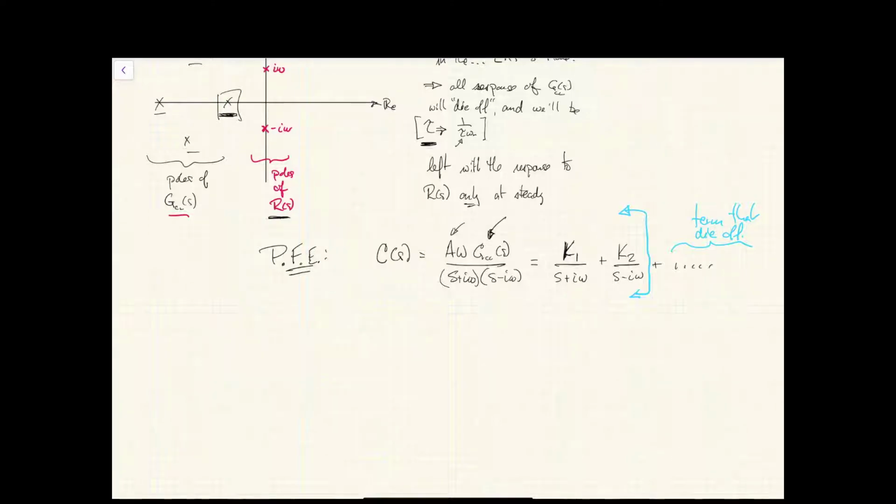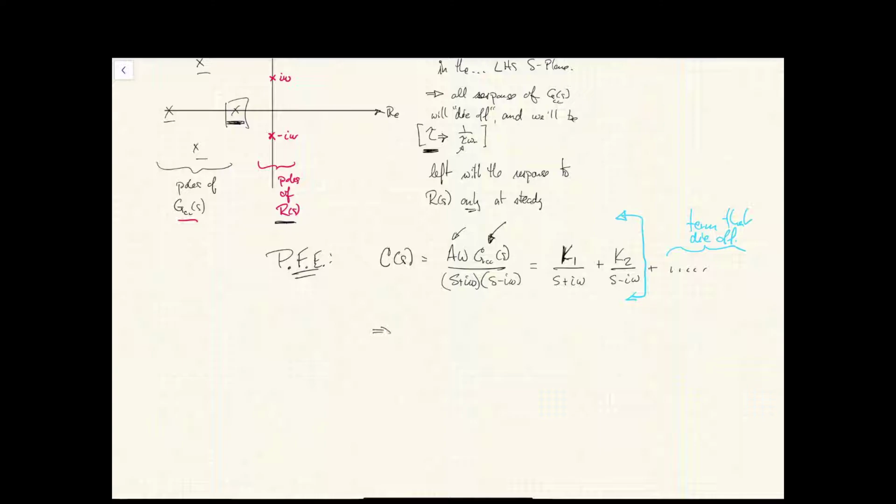So multiplying through just like we normally do with partial fraction expansion, that's going to mean that A times omega times G closed loop of S is equal to, I'm multiplying through by S plus I omega, S minus I omega, so that's going to be K1 times S minus I omega, because the plus cancels, plus K2 times S plus I omega now, because the S minus I omega cancels with the denominator on the other side.